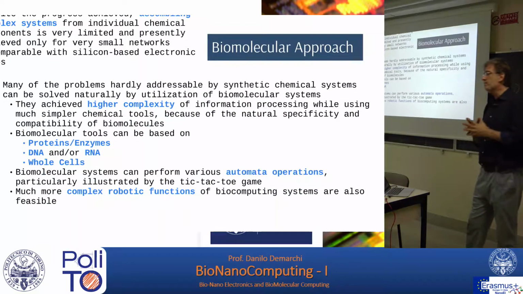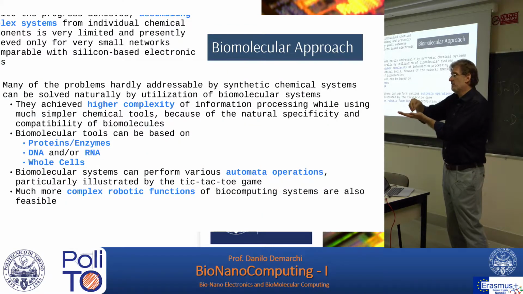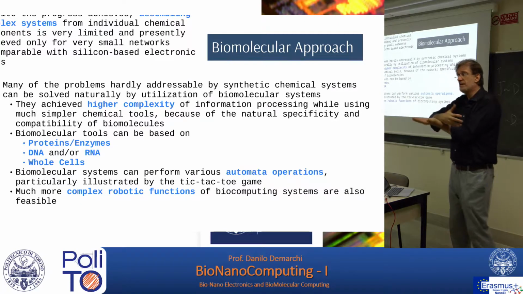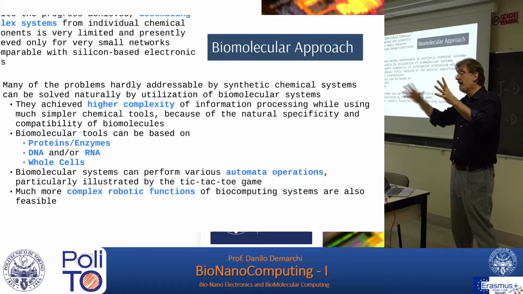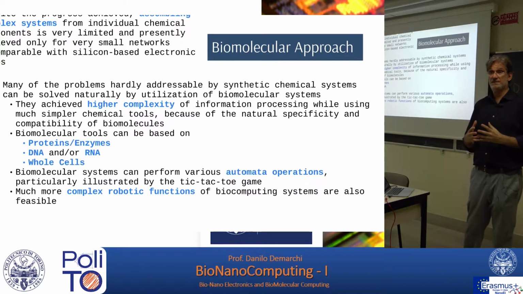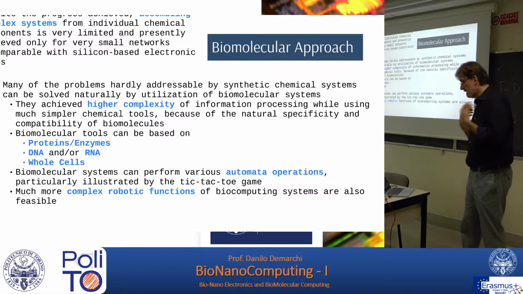In terms of biomolecules, the complexity is inside the molecule. The molecule itself is complex. I don't have to build it like in chemistry. So DNA, proteins, full cells are already complex systems. Simply, I have to use them in the right way.